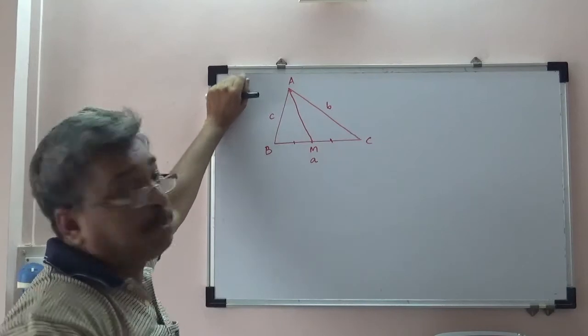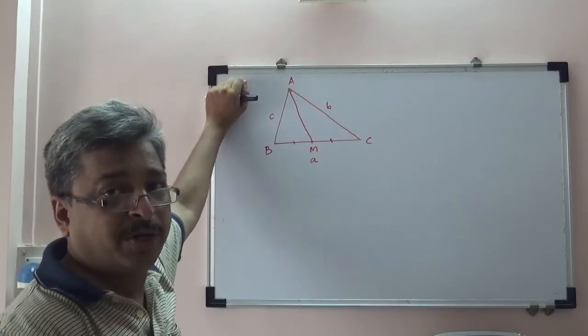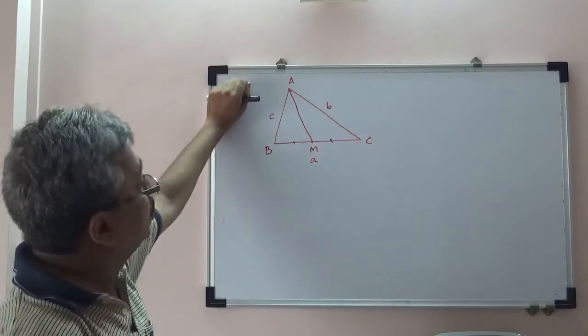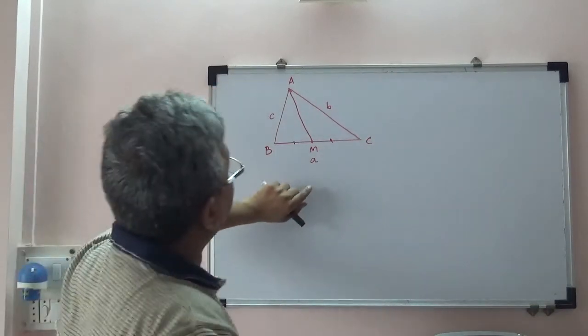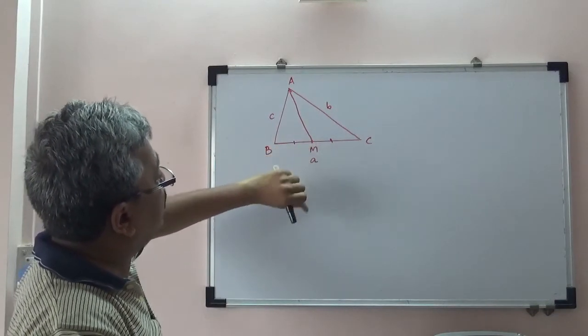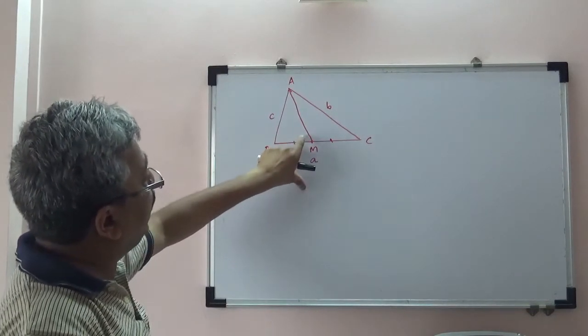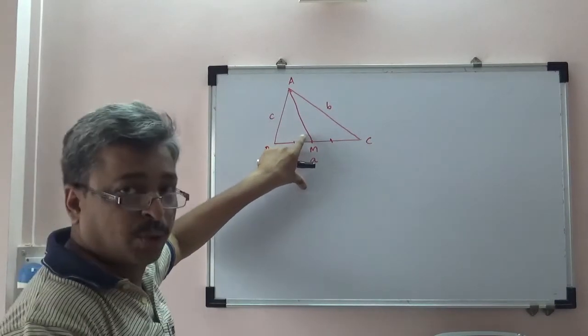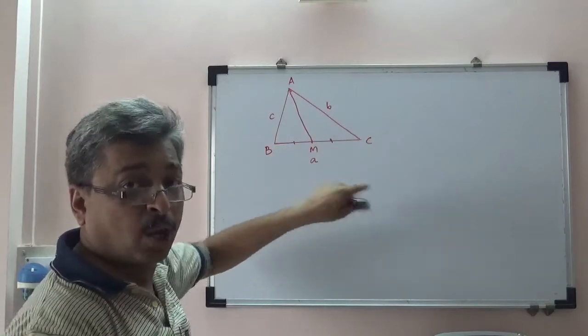But we are taking the difficult case when AB is not equal to AC, and in this diagram AB is smaller than AC. So what I would like to bring to your notice is, if AB is smaller than AC and if you join the median, you end up getting this angle AMB acute and AMC obtuse.